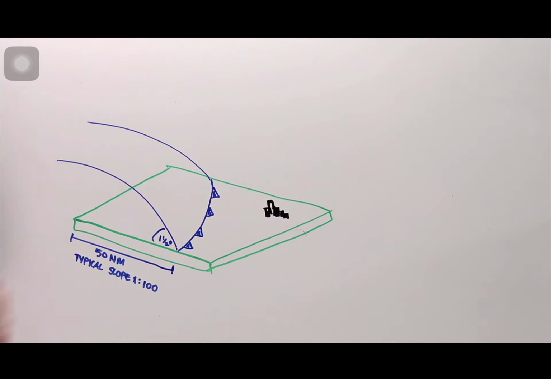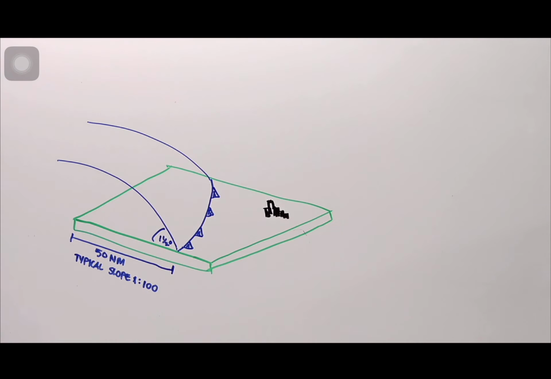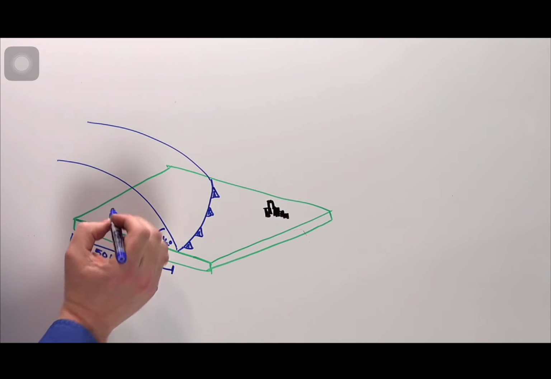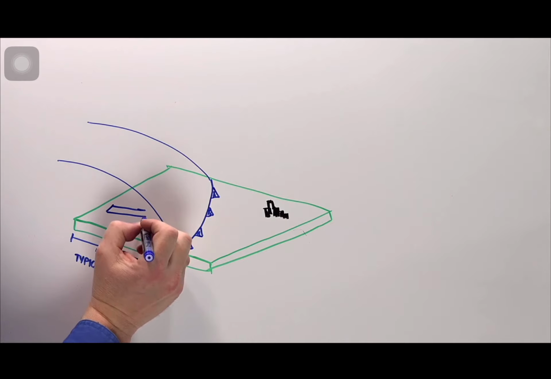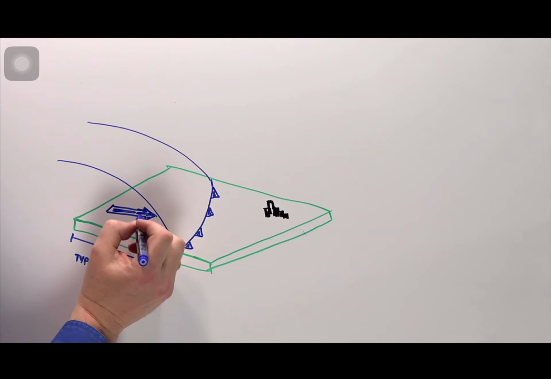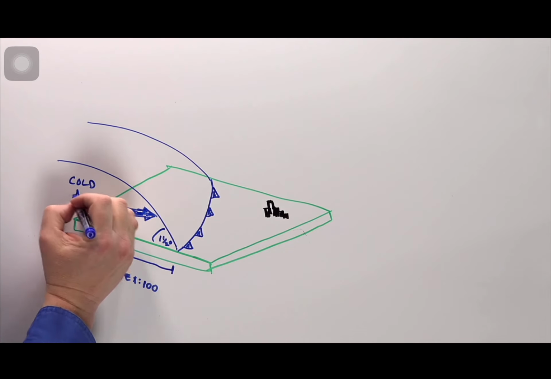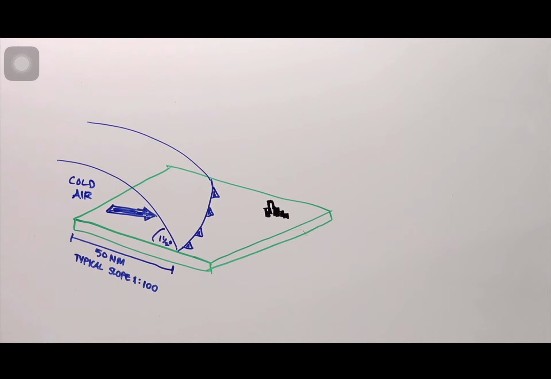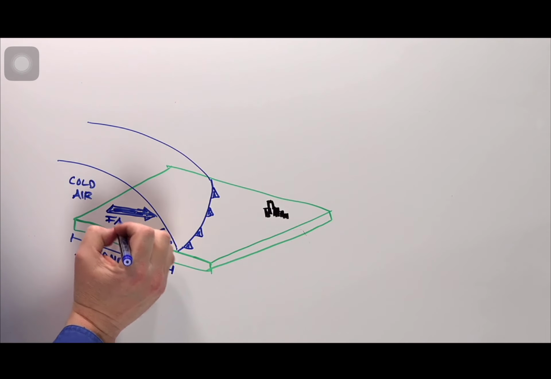Okay, now I'm going to draw in what's happening in terms of the warm air. Remember, the cold air is moving in this direction. So this is that cold, dense blob of air moving in that direction. Now imagine from the warm air's perspective, this moves fast.